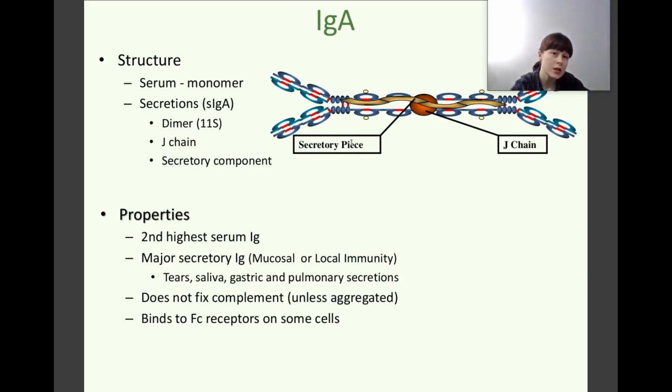The dimeric secretory immunoglobulin A is synthesized by plasma cells situated near the mucosal epithelium, and the J chain is also produced in the same cells. Secretory immunoglobulin A mediates local and mucosal immunity and provides protection against pathogens by cross-linking bigger antigens with multiple epitopes and preventing entry through the mucosal surface. Because of this, we see that it is the major secretory antibody in mucosal immunity.